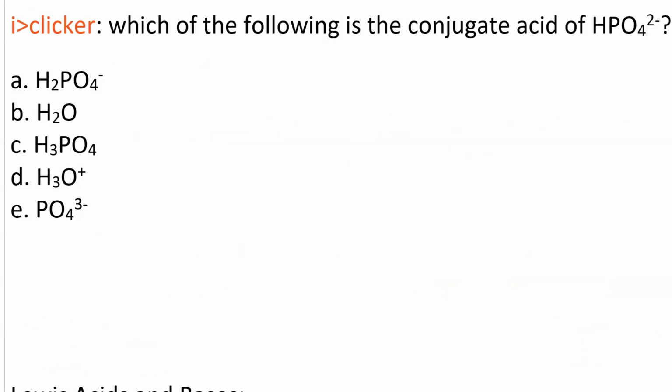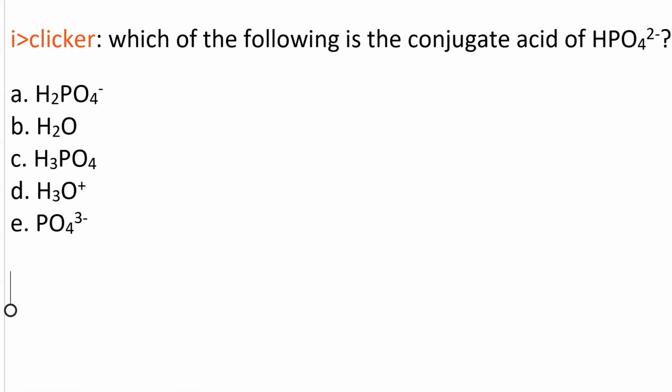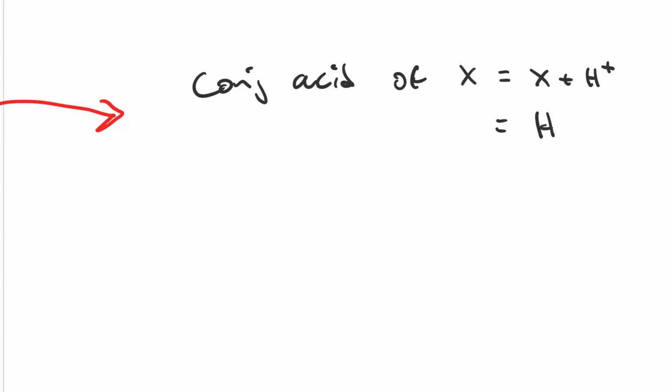Here's an exercise for you. Pause the video and work it out. So the conjugate acid of X is X plus a proton. In other words, HX plus.